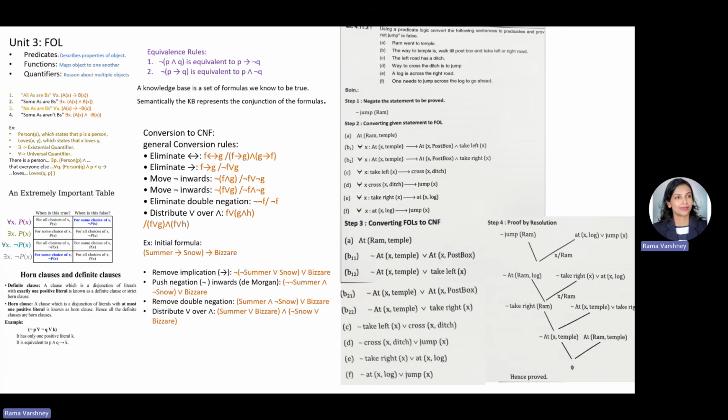Negation of Ram jumped, we can start with this. The first one is at X log or jump X. Now we can replace X with Ram: at Ram log.